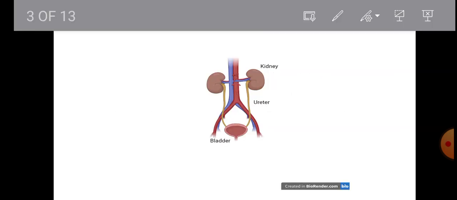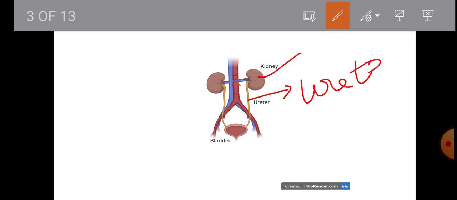This is the example for the urinary system of human beings. The bean shaped organ is called a kidney, you know that. From the kidney there is a tube like structure, and this is called the ureter. Below the ureter is the bladder, the place where urine is temporarily stored.